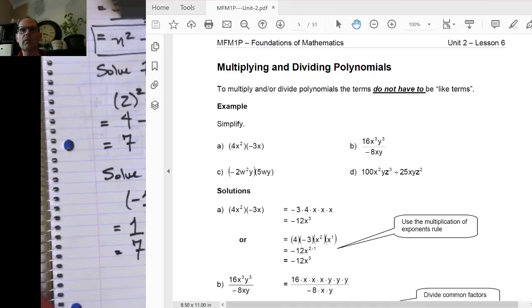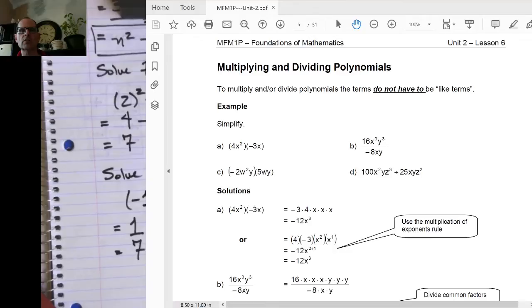In this first one, you've got 4x squared times negative 3x. In the solution, you can see it pulls out the coefficient parts, the negative 3 and the 4. They're going to go together, and then the groupings of the x's will go together. So negative 3 times 4 gives you the negative 12, and then there's 3 x's multiplying, so that becomes x cubed.